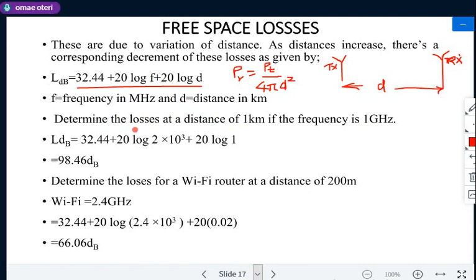So what are we supposed to do? We substitute the value of frequency here. We also substitute the value of distance, and we get 32.44 plus 20 log 2 times 10 to the power 3. Where are we getting 2 times 10 to the power 3 from?